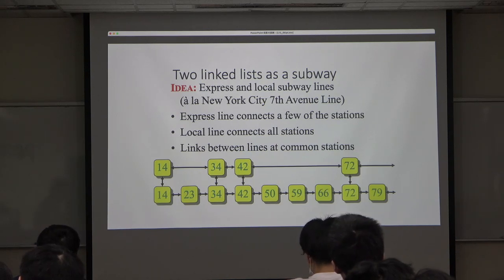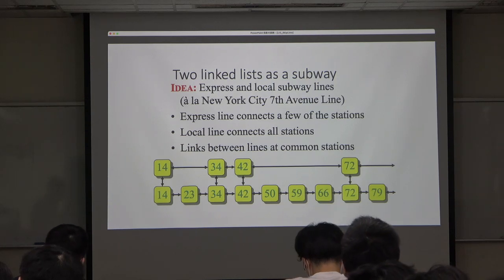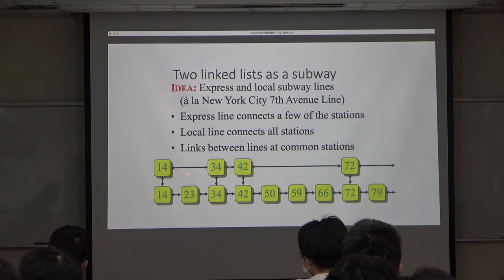You have fewer numbers. 假设我们要找的数字是 69，好不好？Okay, so 14. It's not right. You skip to 34. The top linked list allows you to skip all the way to 34.